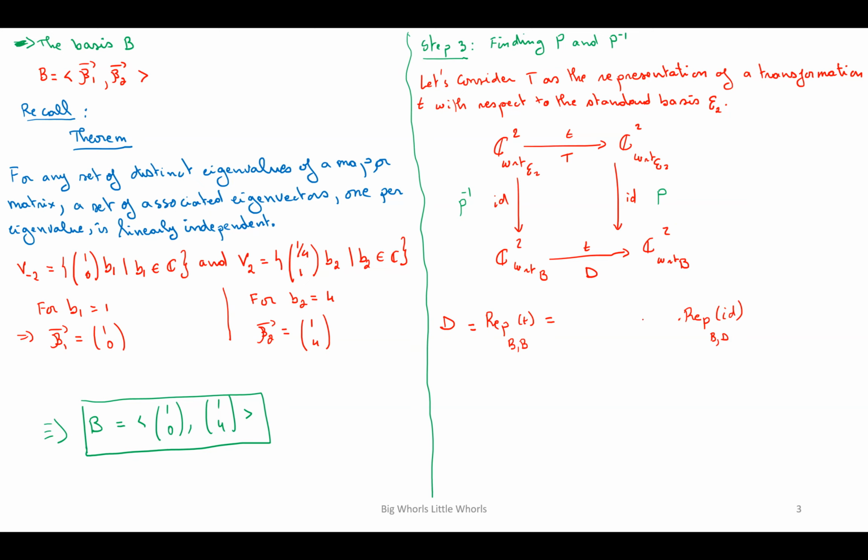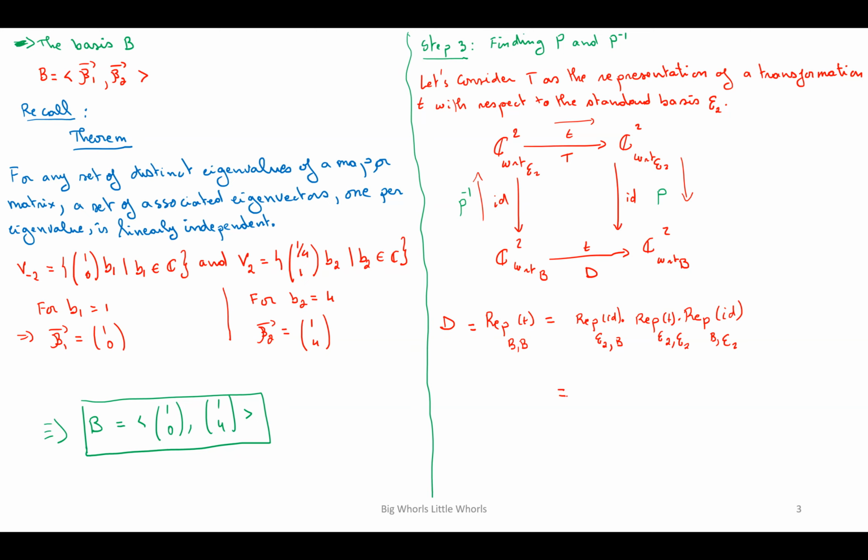Across is the representation with respect to E2 and E2 of our map T, and down is the representation of the identity map with respect to E2 and B.